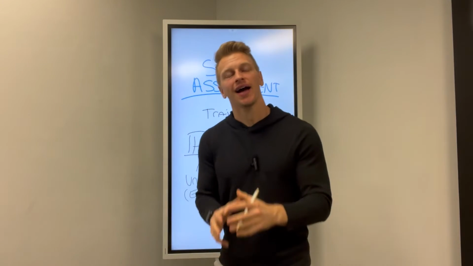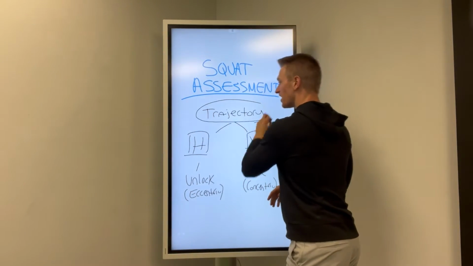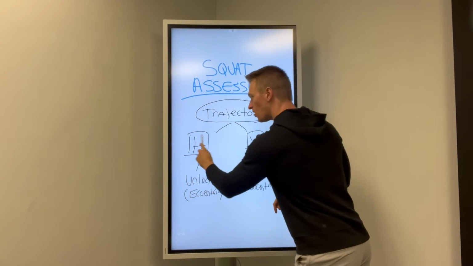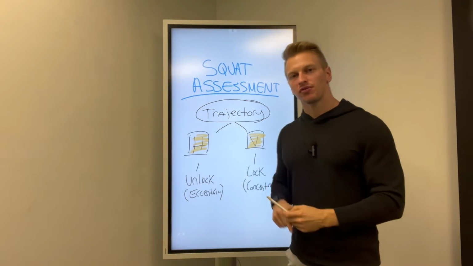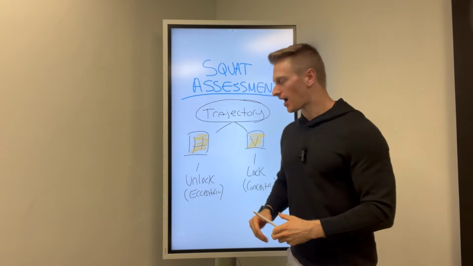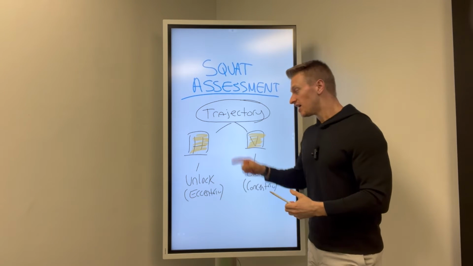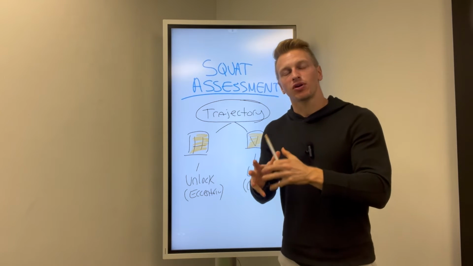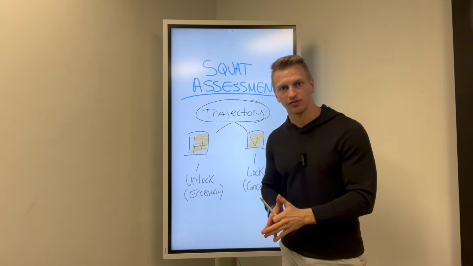And when you're looking at squats and you start to understand the trajectory and then look at, are they moving horizontally or are they moving vertically? If they're moving vertically, they're probably in a pattern that is pretty good for a squat because that's what we usually need. If they're moving horizontally, we first need to start thinking that person is unlocked posteriorly at the posterior lower pelvis.